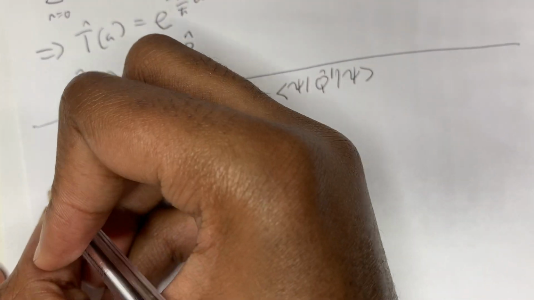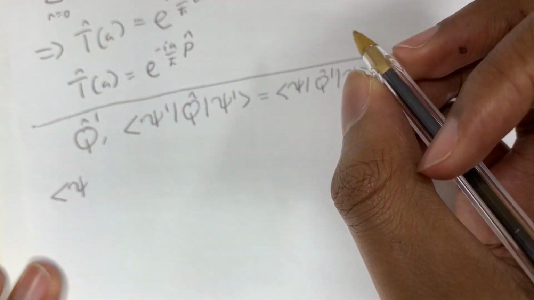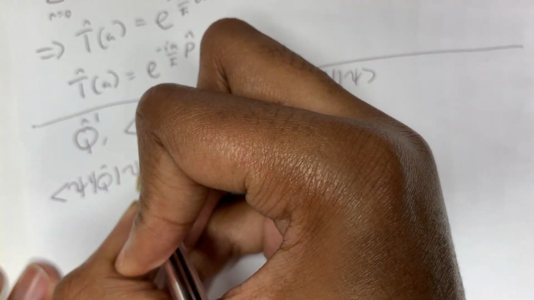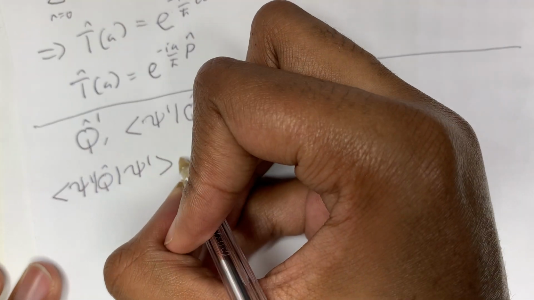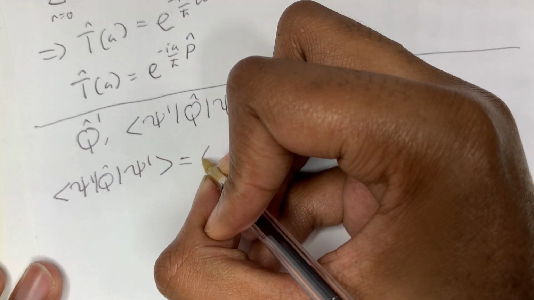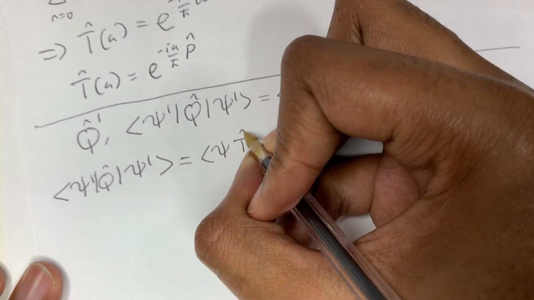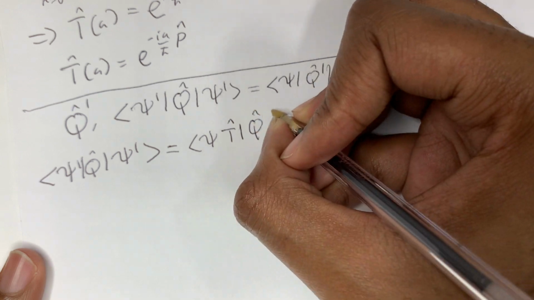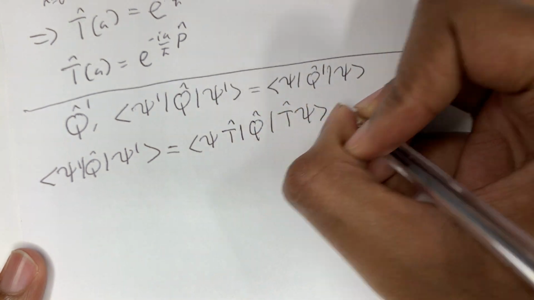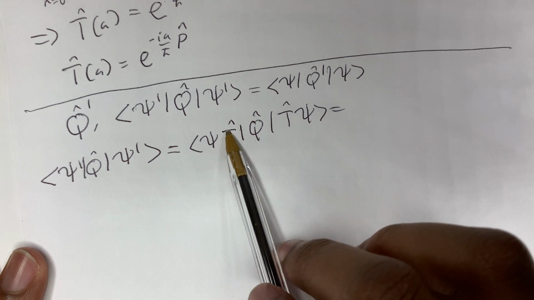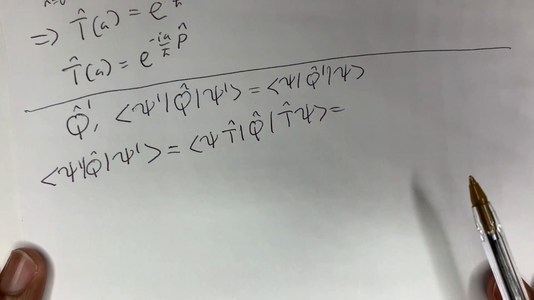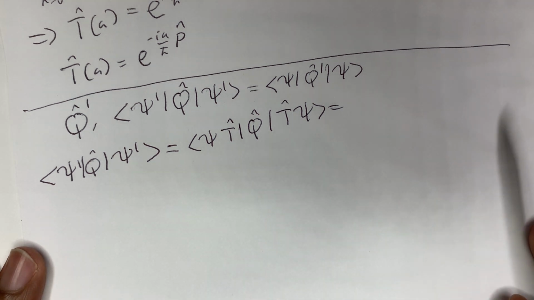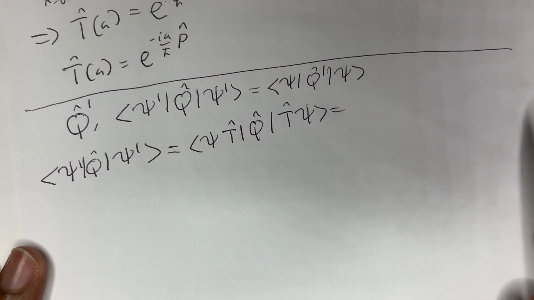So psi, q hat, psi prime equals psi, times the translation operator, then q hat, times the translation operator, psi. We can actually move these operators to the front since they are unitary. You can prove that yourself, that the translation operator is unitary, but we're just going to assume it for this video.